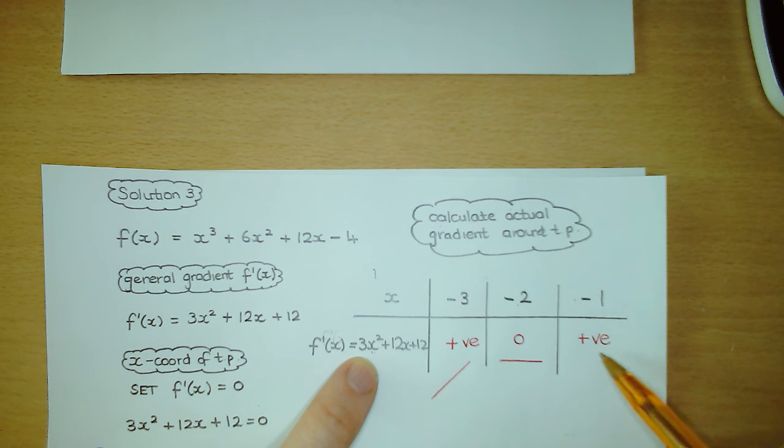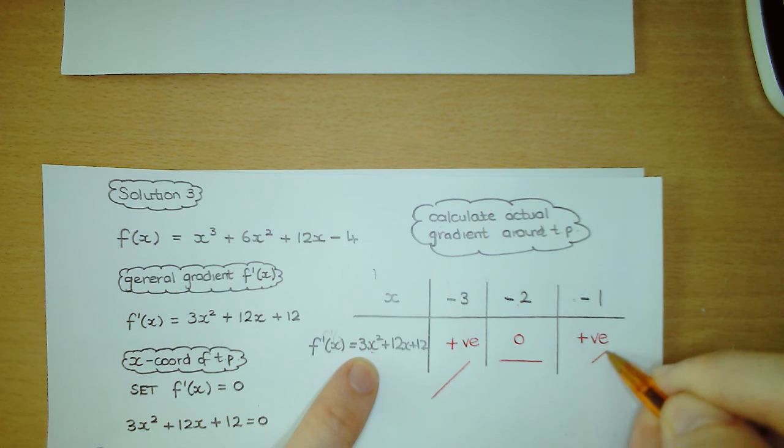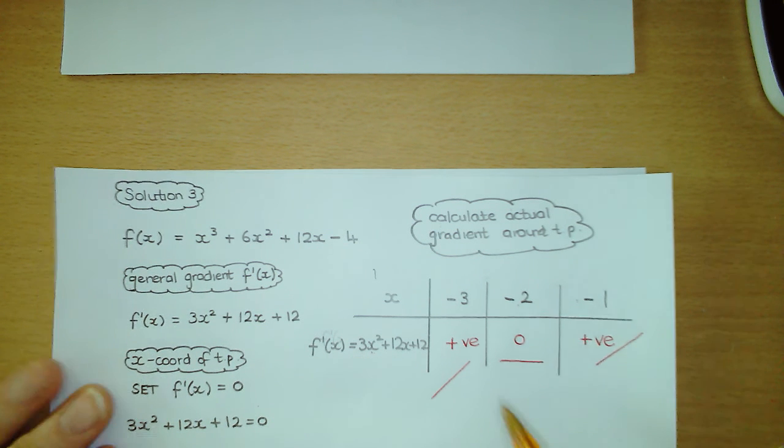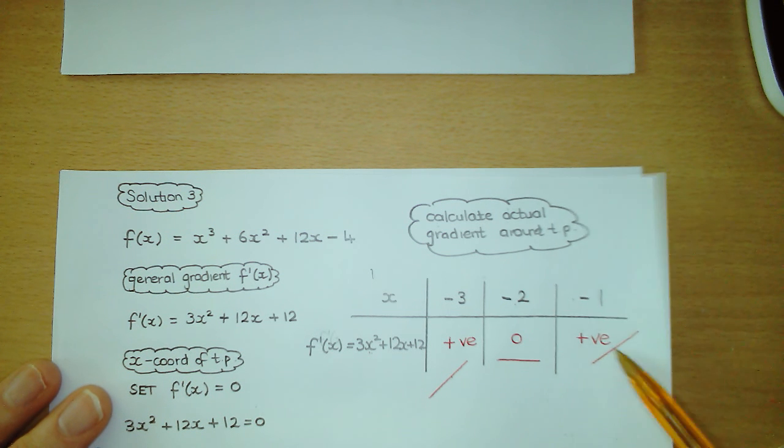And then if you drew a tangent to the curve where x is minus 1, the tangent would be sloping upward again, so it would have a positive gradient. So what we notice here is that the sign of the actual gradient either side of the turning point is the same. So what we have here is a point of inflection.